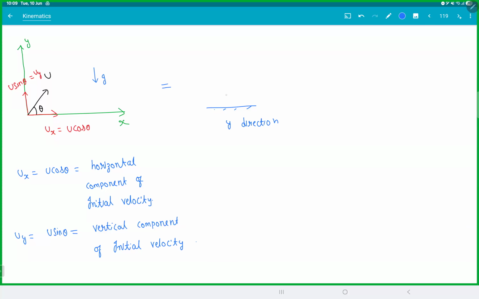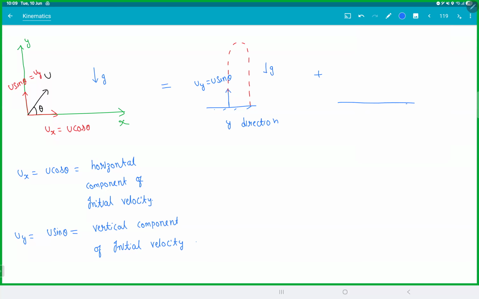If you take the y direction, the motion looks like vertically the velocity is Uy, which is U sin theta. Don't you know what happens here? If you throw the particle vertically, it goes up and comes down. You know how to study this, right? Gravity is g.